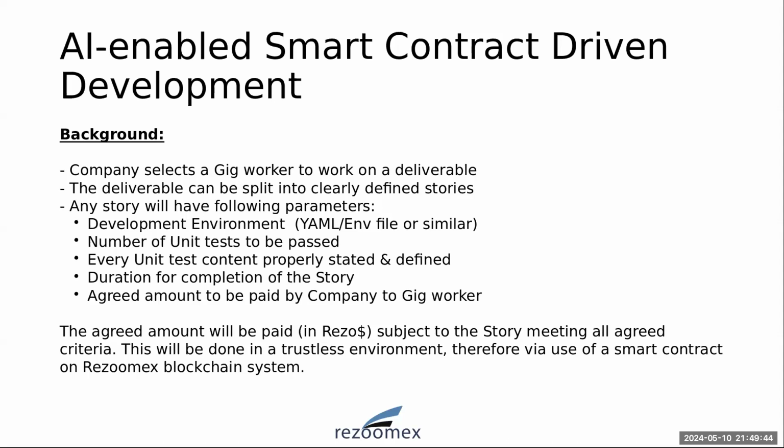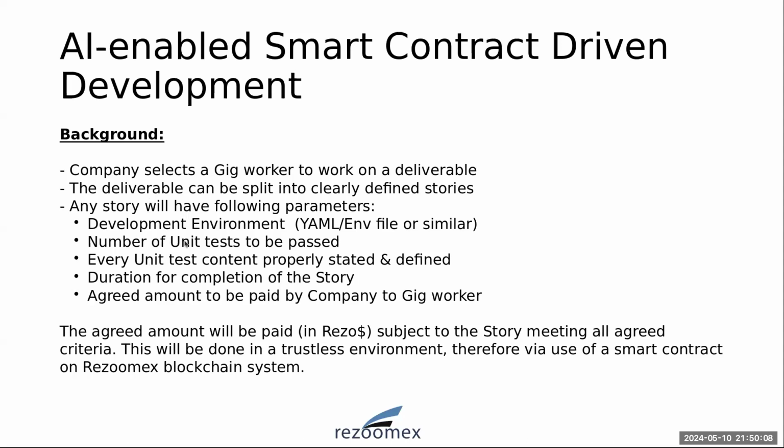The deliverable can be split into clearly defined stories, quantifiable in terms of the success parameters. Any story will have these parameters which we have considered in our use case. Of course, this is flexible, we can add or remove parameters, but these are the ones we are considering for this demo.